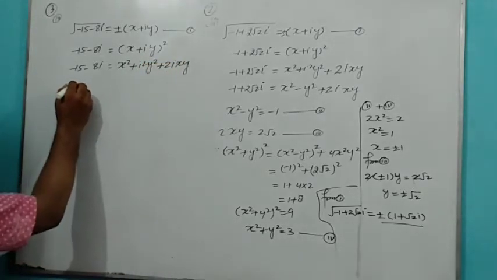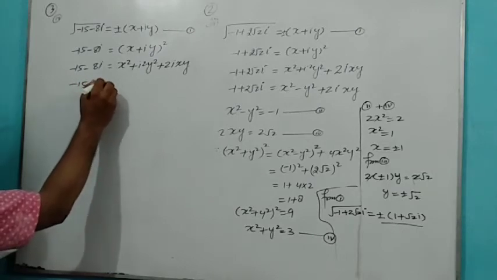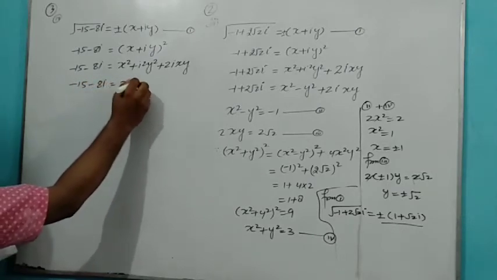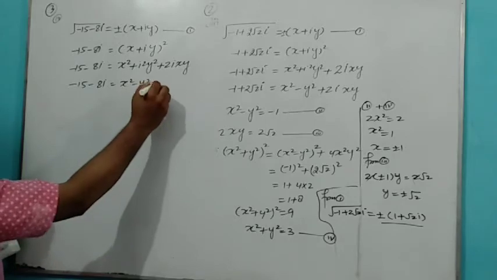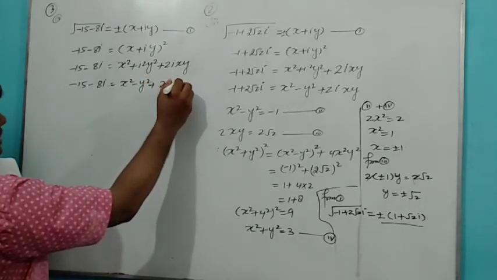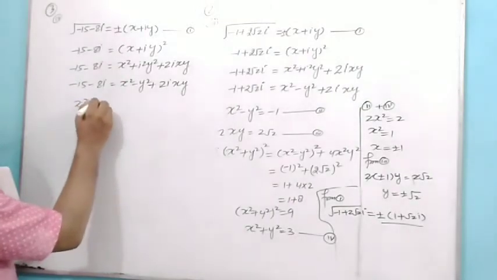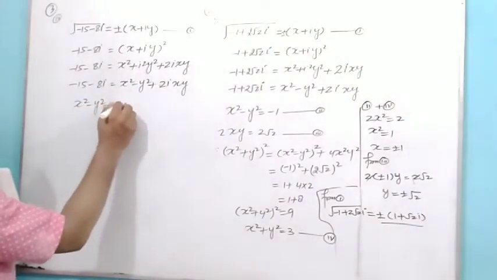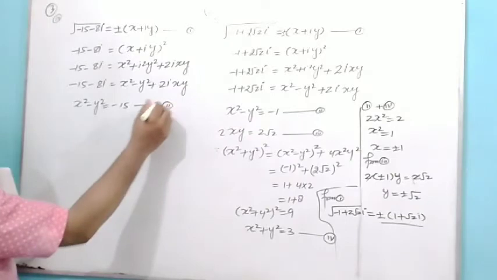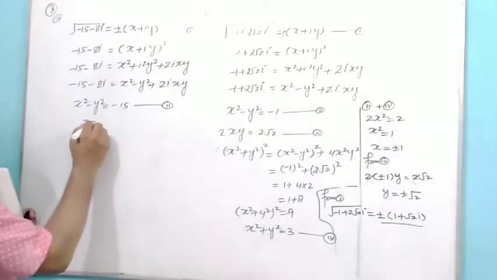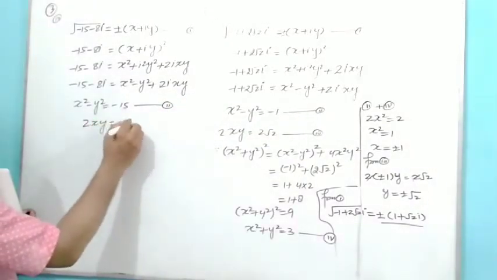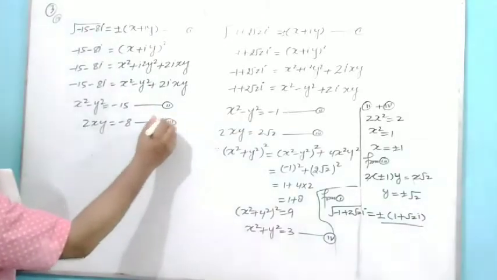It can be written as minus 15 minus 8i is equal to x square minus y square plus 2i xy. And when I compare it, I have x square minus y square is equal to minus 15 and 2xy is equal to minus 8. This is equation number 3.